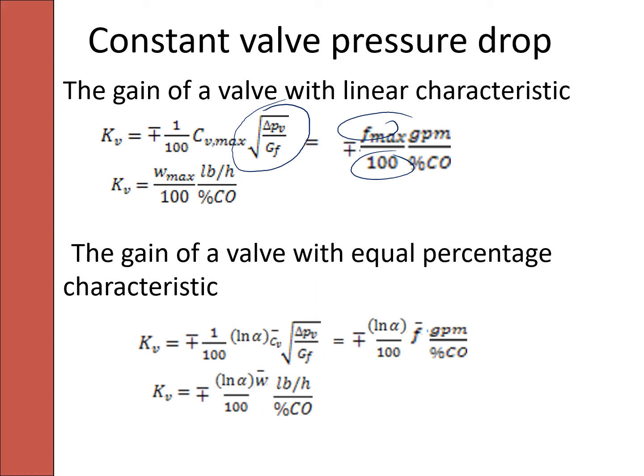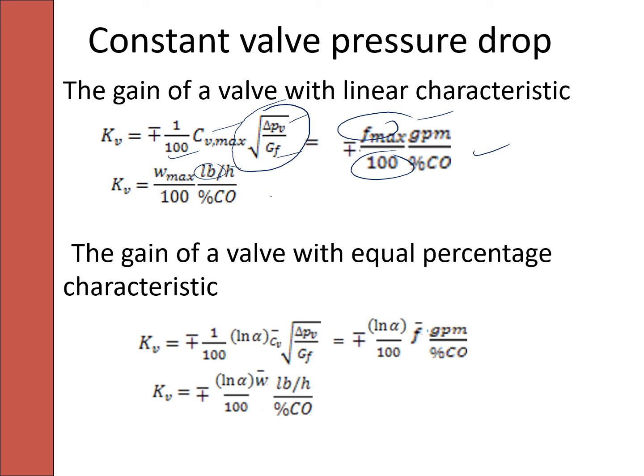It depends on the question given to you. If you get the information on the flow max, you can directly use this formula. If you get the information on the Cv, delta P or specific gravity, you can use this formula. Otherwise, if you get the value of W max, which is a mass flow rate, you can see the units here, pound per hour.